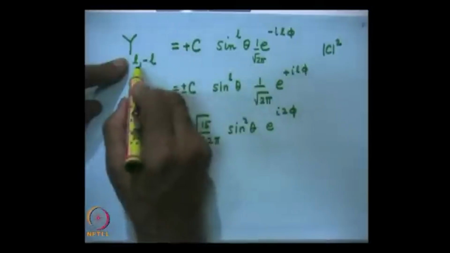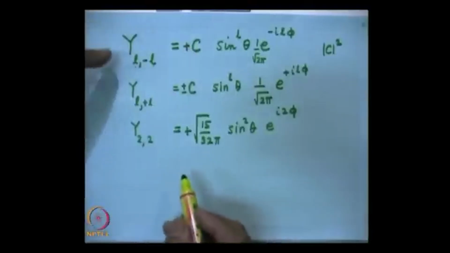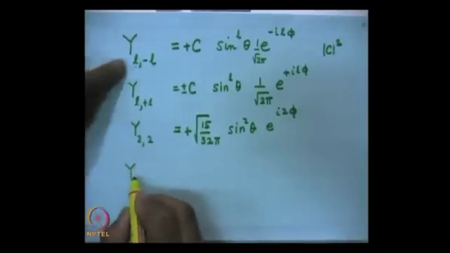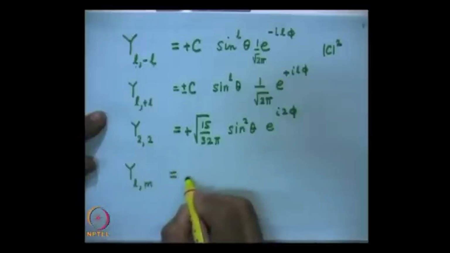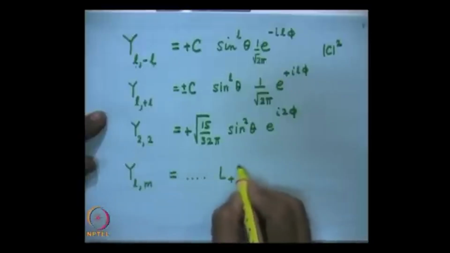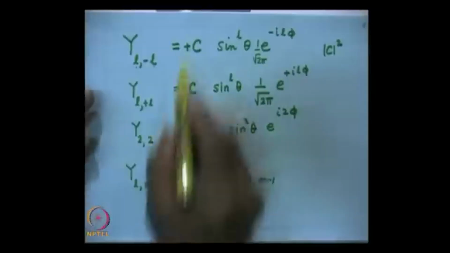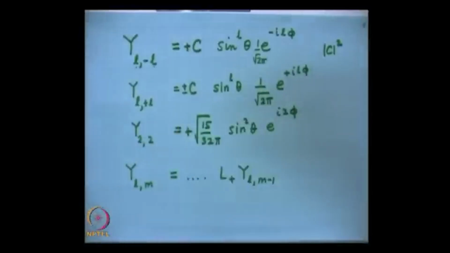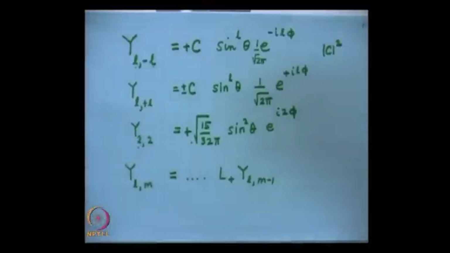We always choose for Y L comma minus L a plus sign, and then we operate this by ladder operators and calculate Y L m by operating some constant multiplied by L plus Y L m minus 1. And then once the sign is fixed, you can keep on calculating the spherical harmonics, and if L is 2, you will obtain a plus sign here.